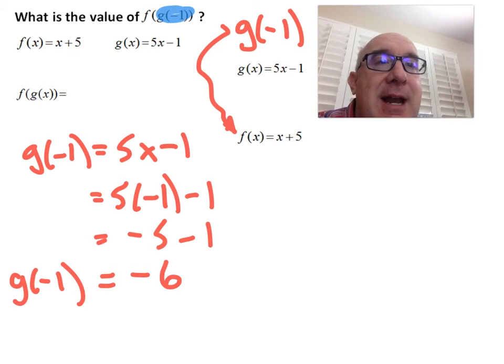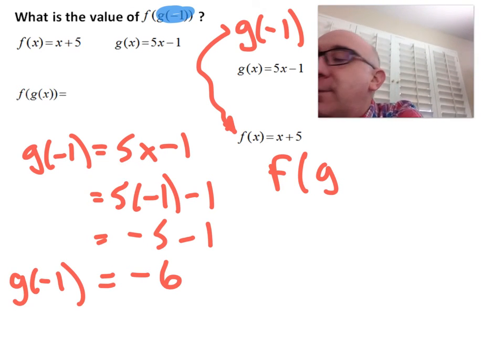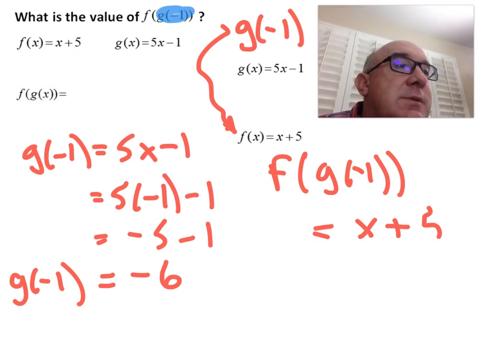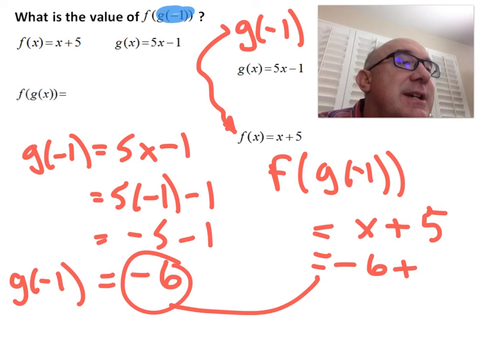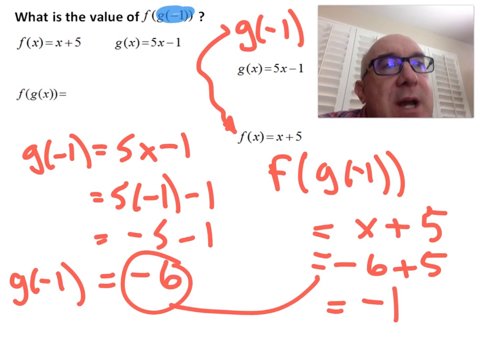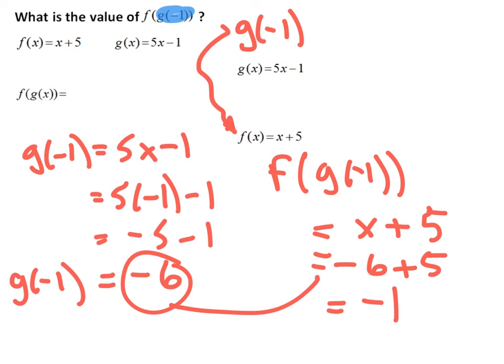Now if we take that and put it into f of g of negative 1, we would take the function x plus 5 and plug in that value of negative 6. And guess what? We also got a negative 1. So there are two ways you can approach that. You can do it in the standard way, solving the composite first, or you can do it piece by piece.